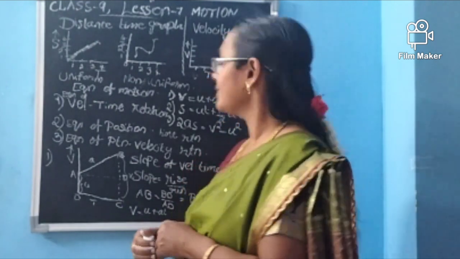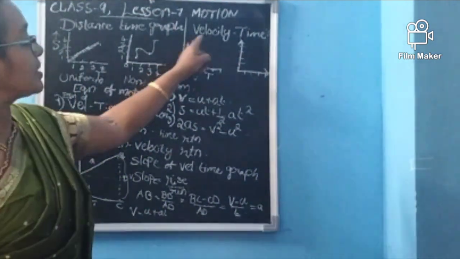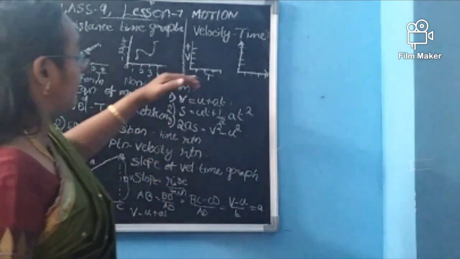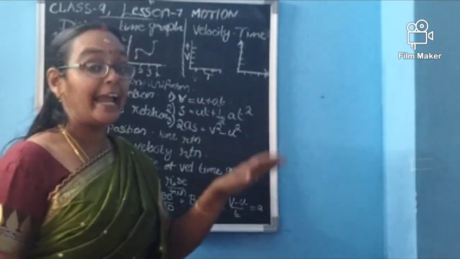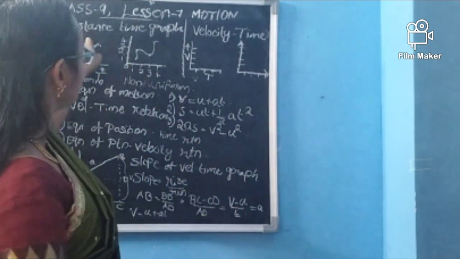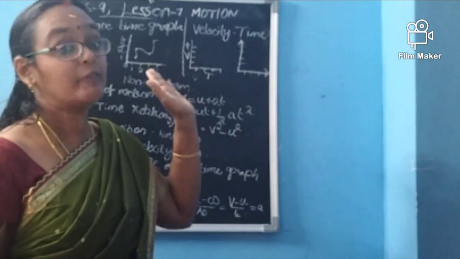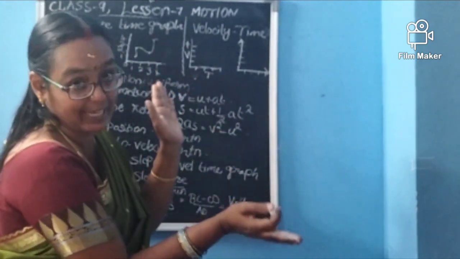Now we are going to see the velocity time graph. Here time is always on the x-axis and velocity is on the y-axis. Initially in the distance time graph, the distance was on the y-axis and time was on the x-axis.